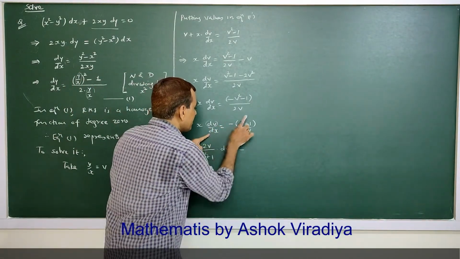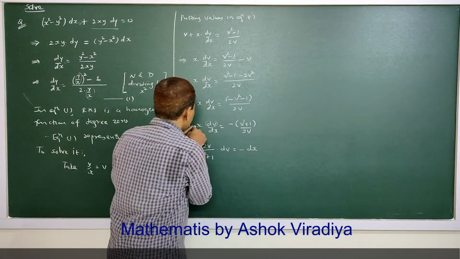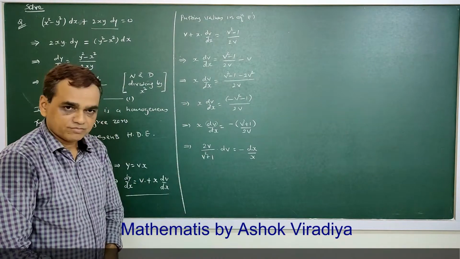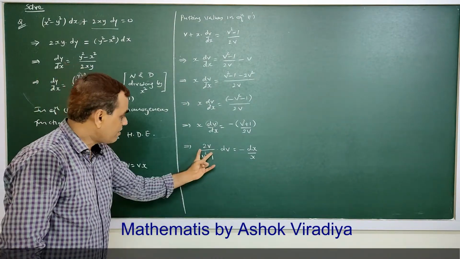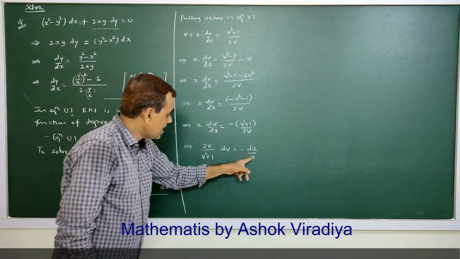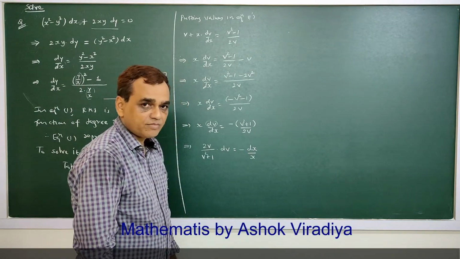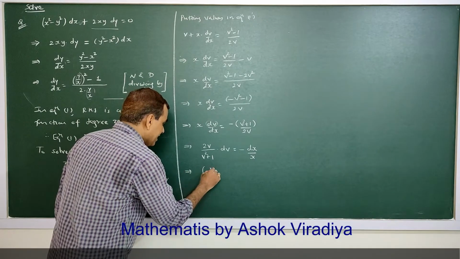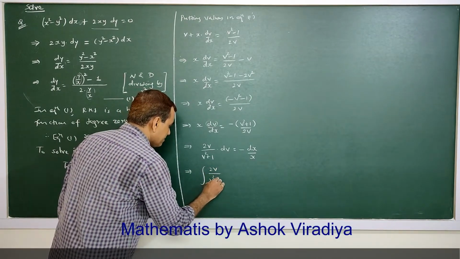Take dx on that side, x in the denominator. So this is variable separable form, with dv a function of v, and dx a function of x. After getting variable separable form, integrating on both sides.